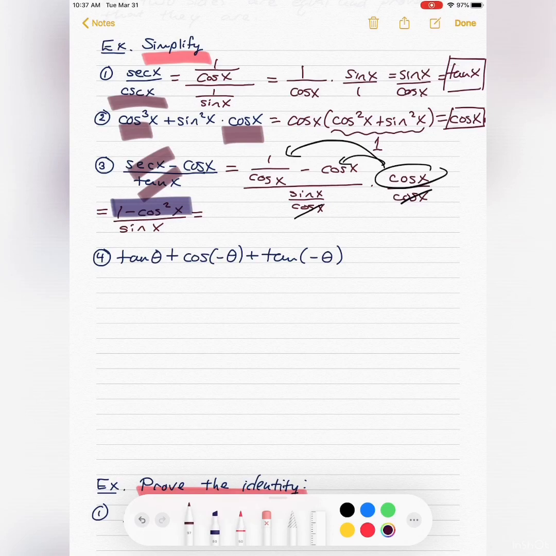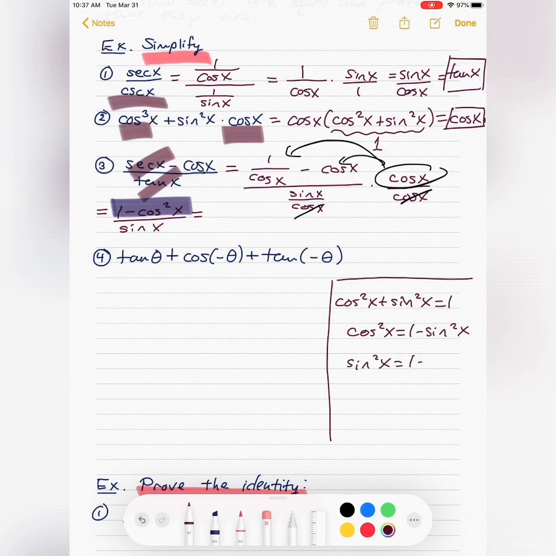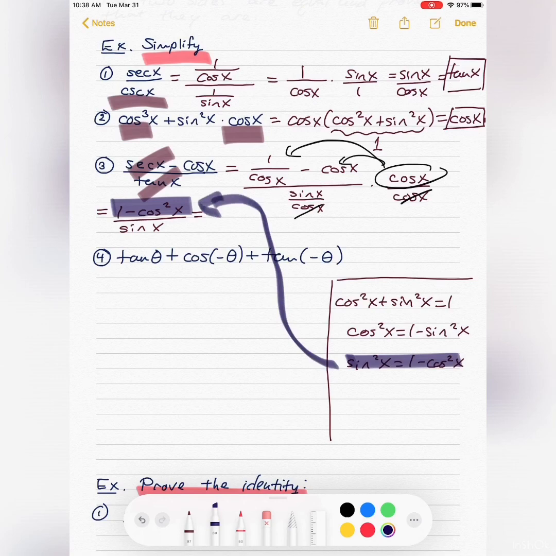So let me come off to the side here. So think about this. Here's my fundamental identity, right? I know cosine squared plus sine squared x is 1. So wouldn't it be true then that, say, cosine squared would be 1 minus sine squared? And sine squared would be 1 minus cosine squared? So you see, isn't this what I have up here? 1 minus cosine squared?